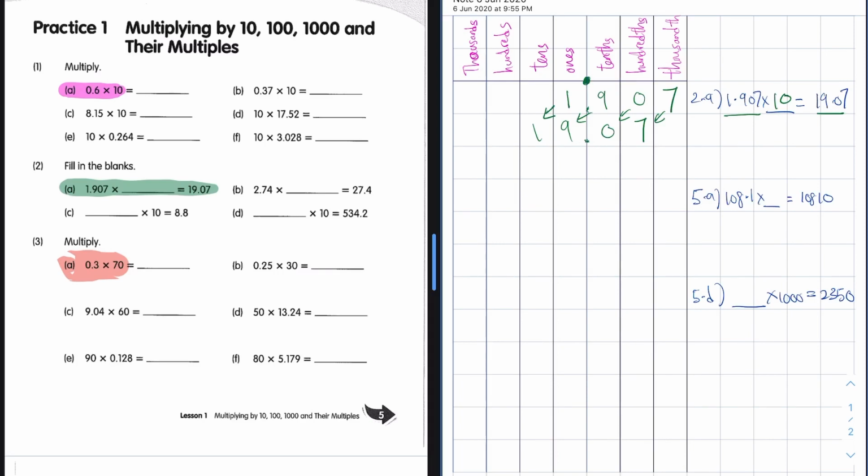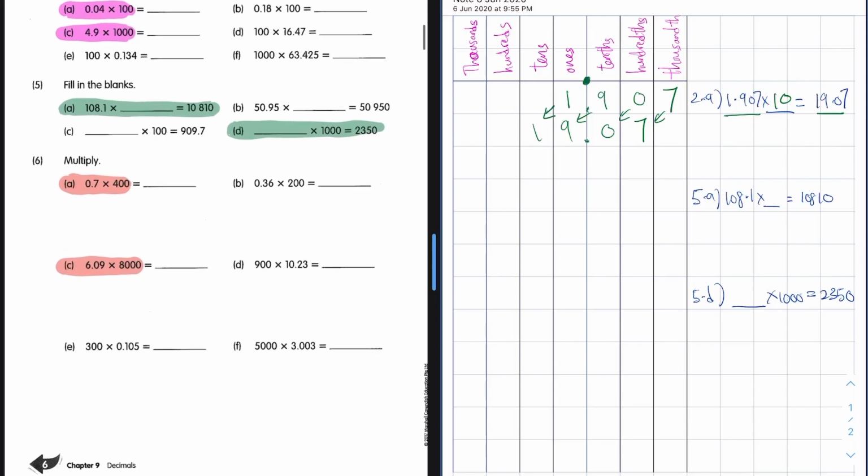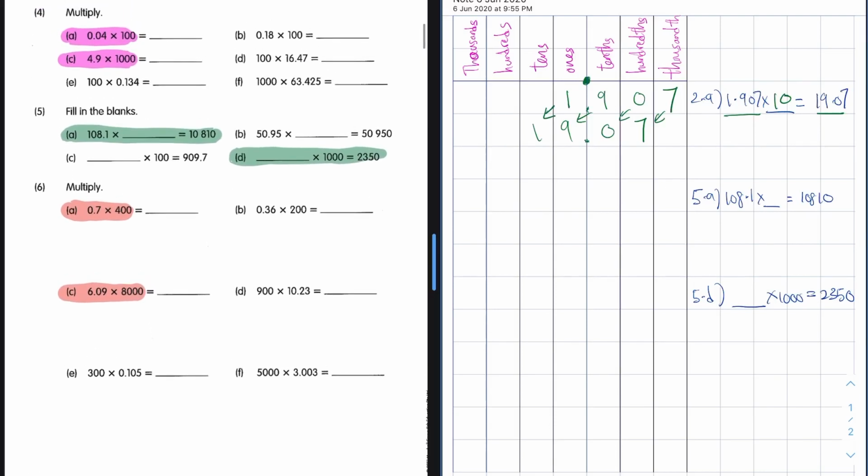Now let's try 5a and 5d. For a, I have 108.1, and what do I need to do to change it to 10,810? So first, let's see, 108.1, and I need to change it to, whoa, this is a big number.